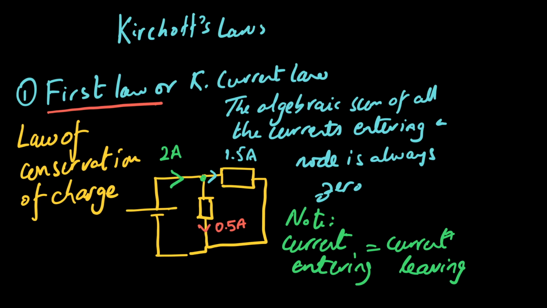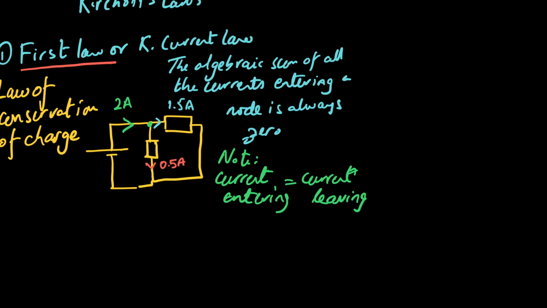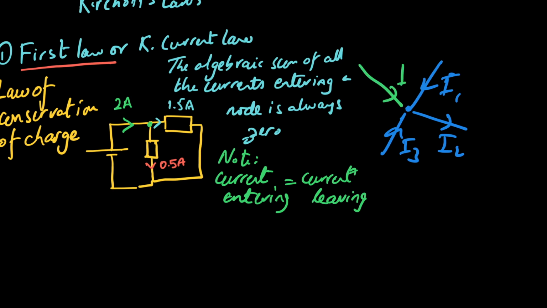You can even get a question like this, in which they say that this is a node and you have a current coming in from here, I1. You have a current going out, I2. You have another current coming in, I3. Let's say you have another current coming from here, I4.